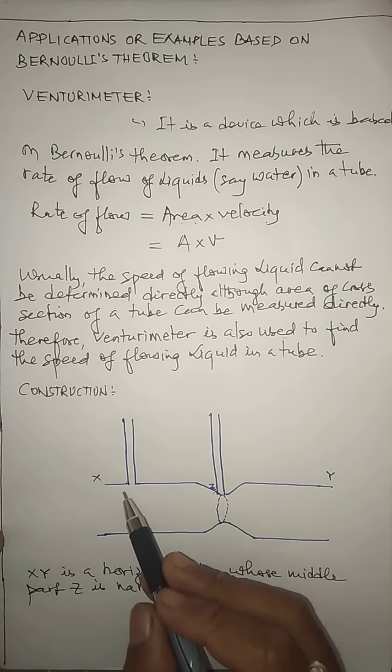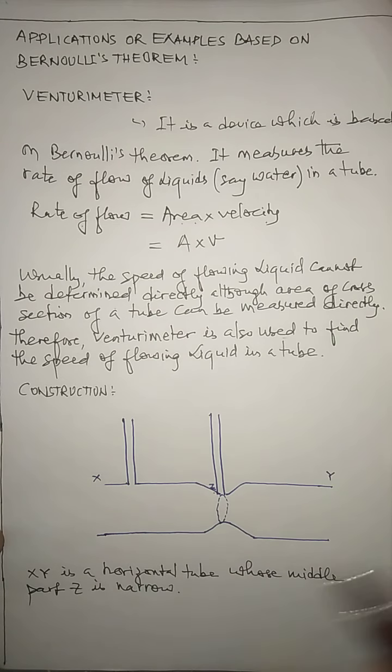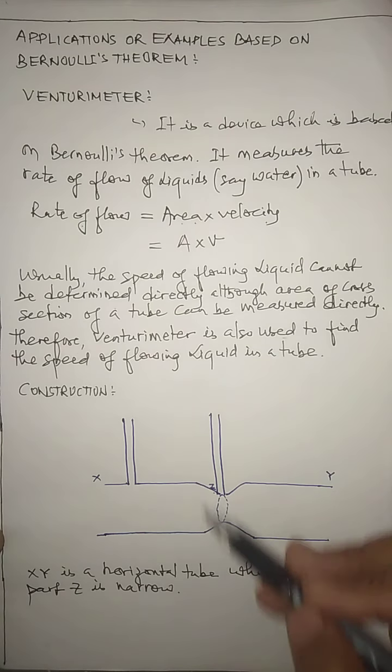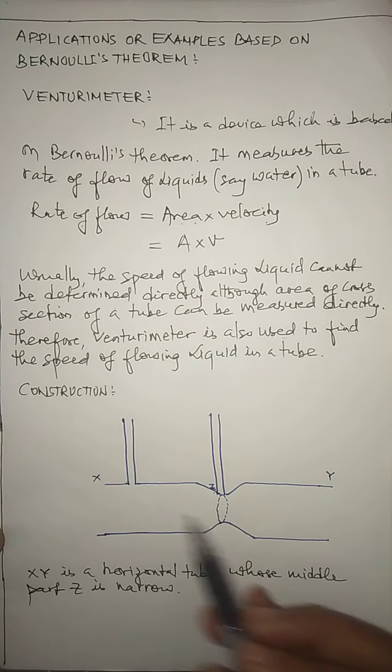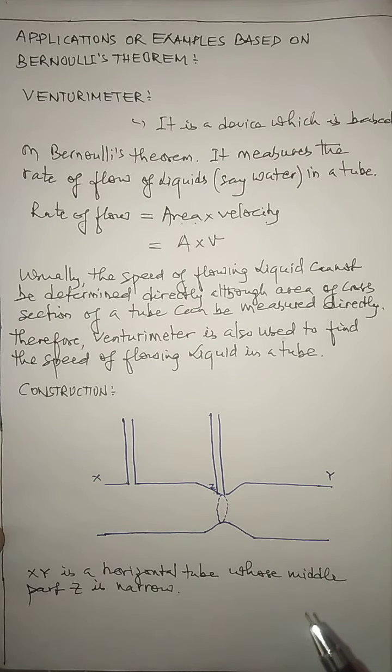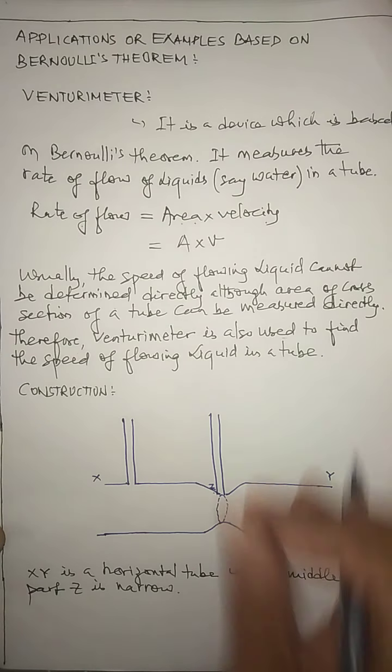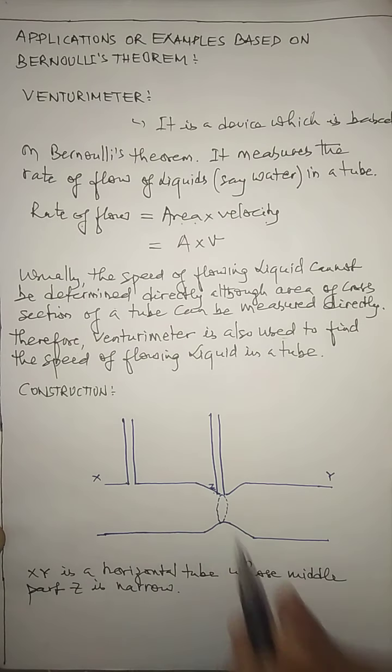Now at the two ends of the tube, having different cross section areas, there is a vertical tube connected, and this tube is called a capillary tube. Capillary means a very fine, very narrow tube, which can be connected at two cross sections of the tube.